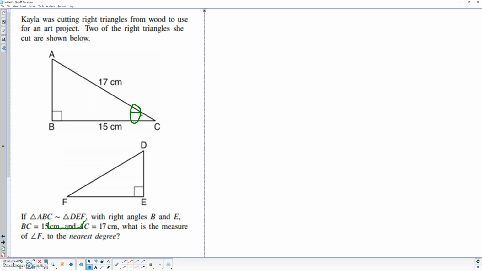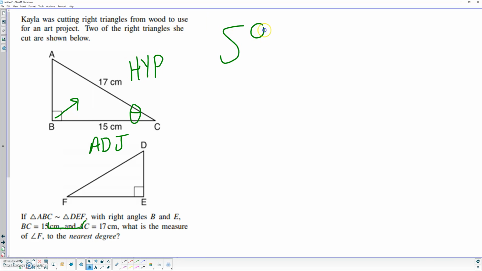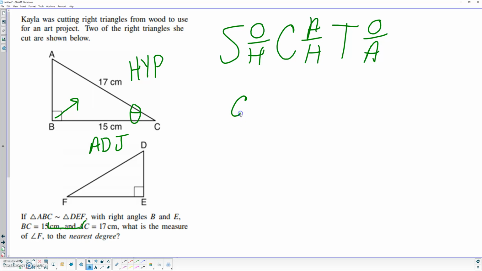Okay, so in that top triangle, 15 is adjacent to angle C, and 17 is opposite the right angle, so that's the hypotenuse. So if we write down SOHCAHTOA on the side of our paper, we know that cosine is the trig ratio that involves the adjacent side and the hypotenuse. So we're going to set this up as cosine theta equals adjacent 15 over the hypotenuse 17.